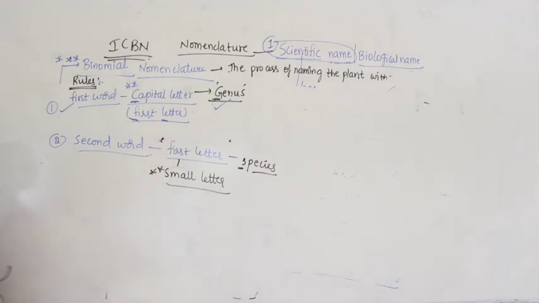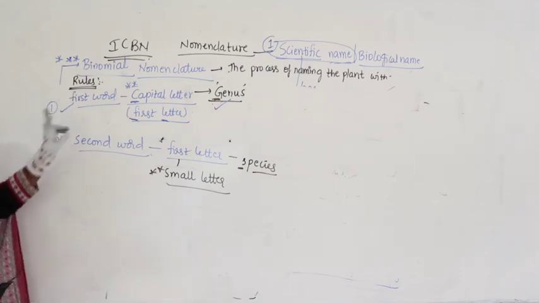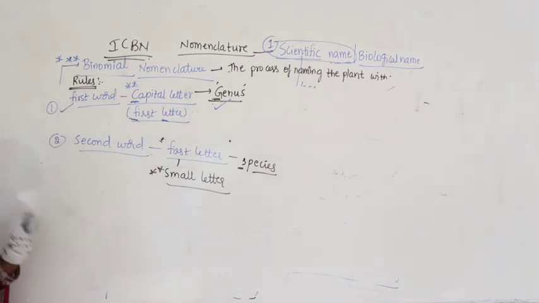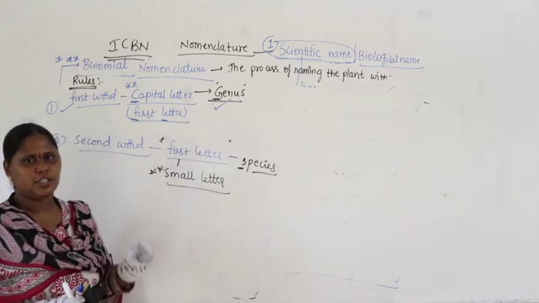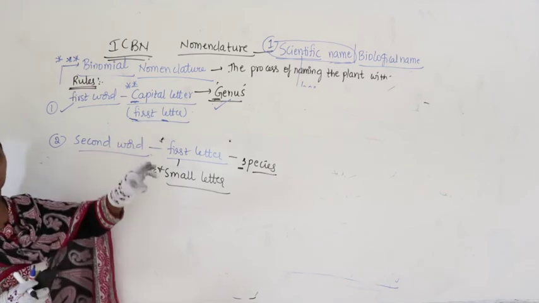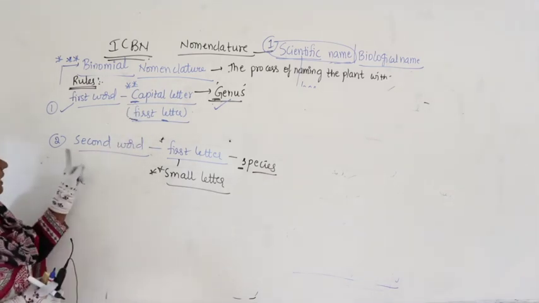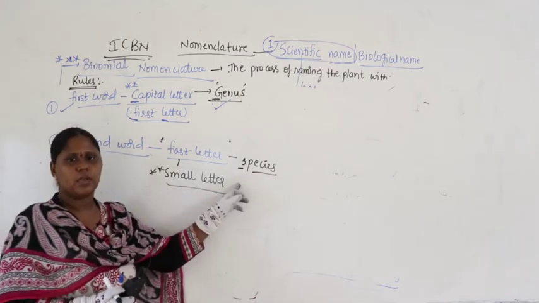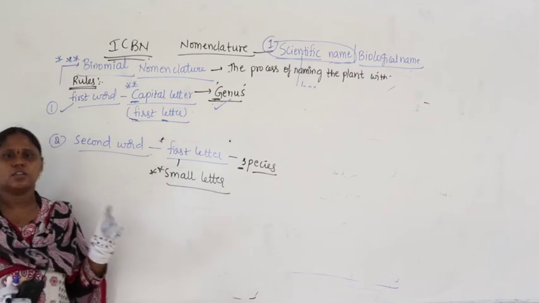I repeat again, the first rule according to ICBN. The first word is called genus. When we write the genus, the first letter should always be a capital letter. Similarly, the second word is called species, and in species the first letter should always be a small letter.